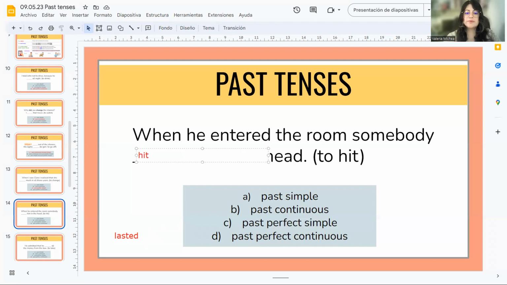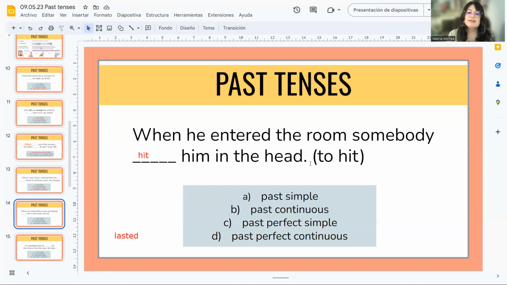So what is the past form of hit? Hit, actually. It's one of those verbs that have the same form in all forms. Present hit, past hit, participle hit. Right, so we have: when he entered the room, somebody hit him in the head. So he entered, somebody hit him. Short actions. It cannot be past continuous because when he entered the room, somebody was hitting him doesn't make sense.